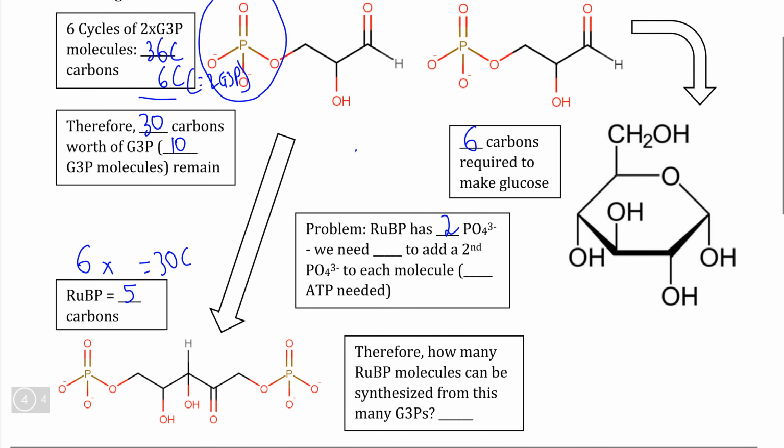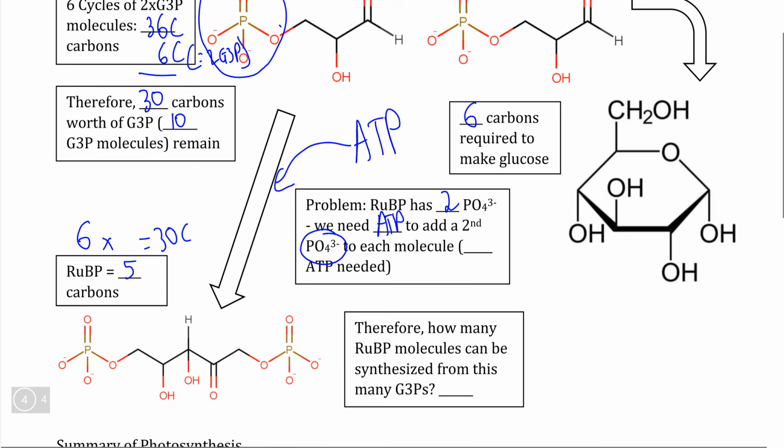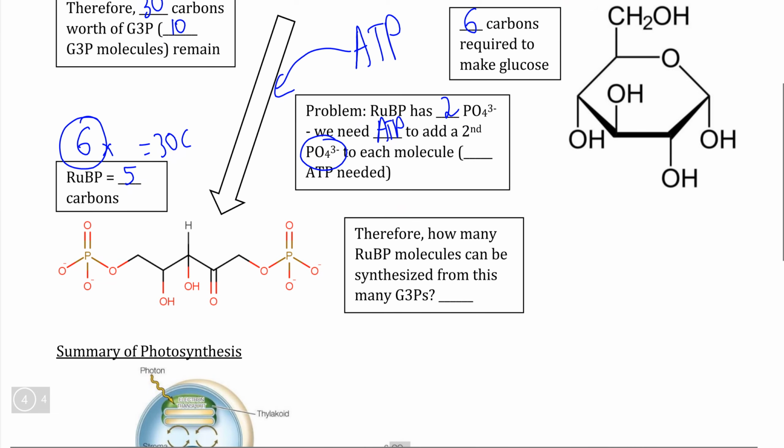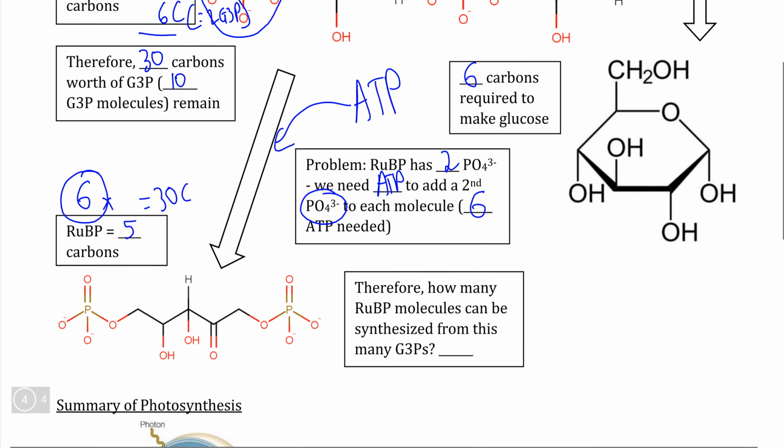So therefore, we also need ATP, 1 ATP for each RuBP that we are making. So we need ATP to add a second phosphate to each molecule, meaning that because we are making 6 RuBP molecules at the end, we need a total of 6 ATP in order to add the second phosphate here.